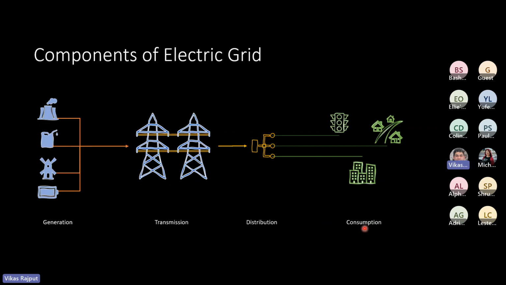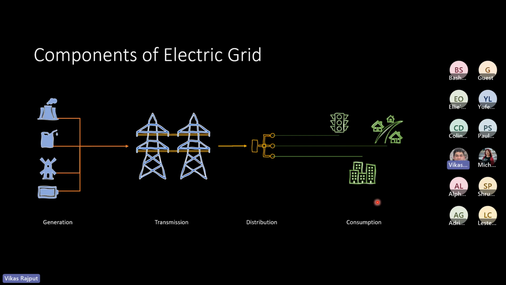So the idea is that you generate electricity. There are different sources for that. You transmit it, because you're basically pulling all of it together and then taking it all in one place, in one direction or multiple directions. Distribution is where you're trying to get electricity ready for a normal consumption scenario, right?